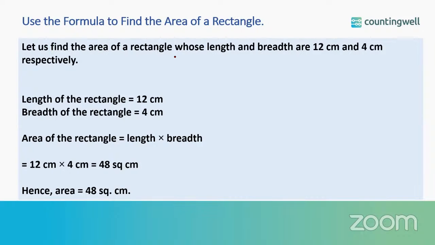Now, let us use the formula to find the area of a rectangle. Let us find the area of a rectangle whose length and breadth are 12 centimeter and 4 centimeter respectively. The length of the rectangle is given as 12 centimeter, breadth of the rectangle is given as 4 centimeter.